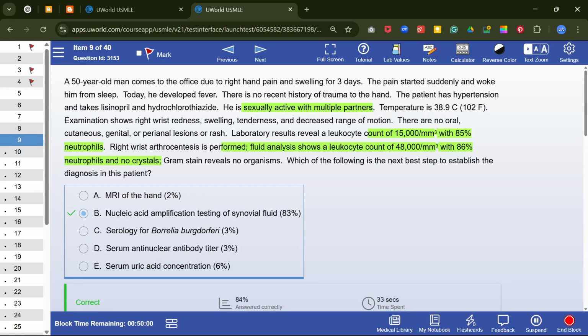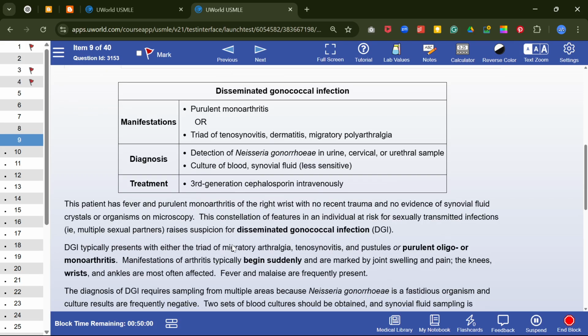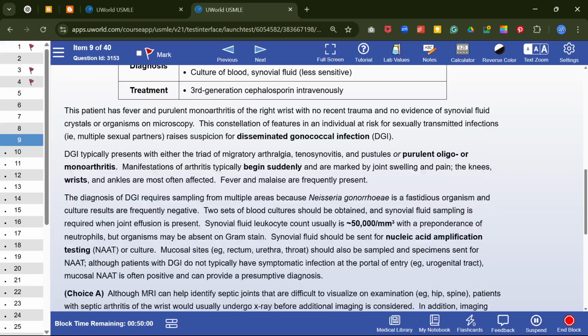He is sexually active with multiple partners. So it looks like DGI, even if the Gram stain is negative. This patient has fever and purulent monoarthritis of the right wrist with no recent trauma and no evidence of synovial fluid crystals or organisms on microscopy.